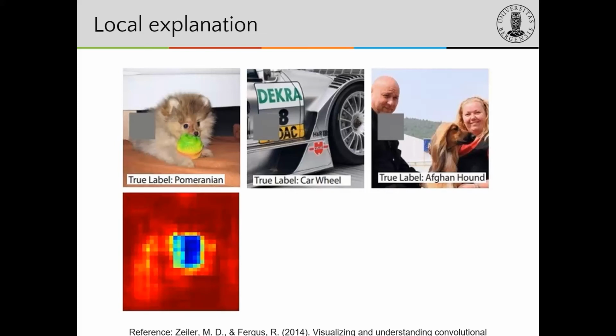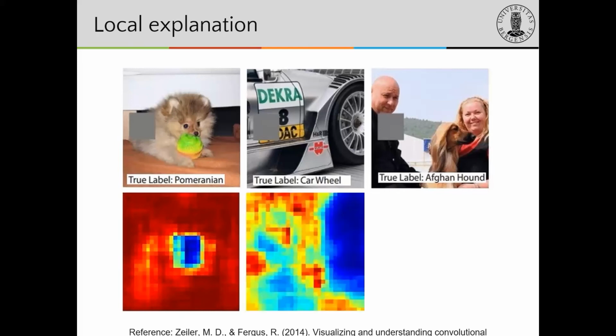But the red part means high confidence of the dog being classified as a Pomeranian. If we look at other results, you can also see the network distinguishes this part as the car wheel. So mostly very reasonable in my eyes.